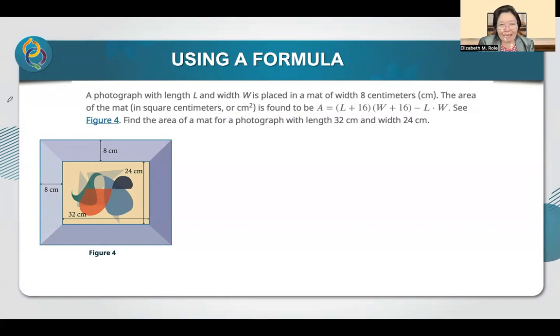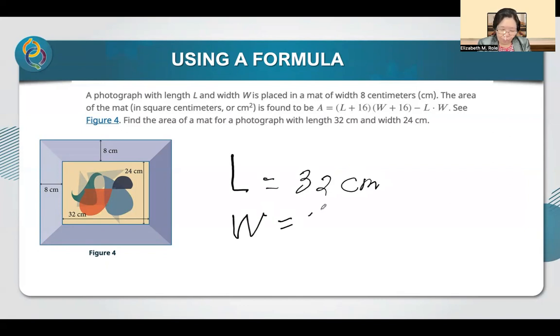I still don't want to preempt, because it will come when we model real life problems later on. This is a model of this figure 4. So the question is, what will be the area of a mat for a photograph with a length of 32 cm and a width of 24 centimeters?